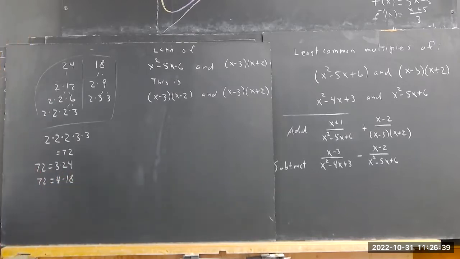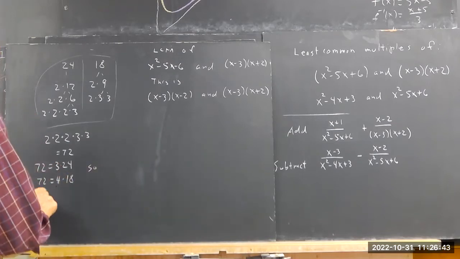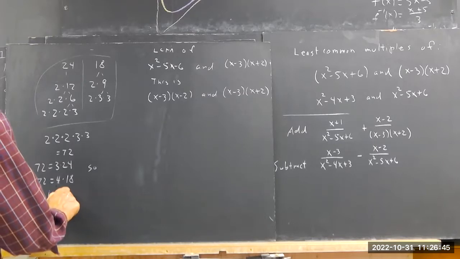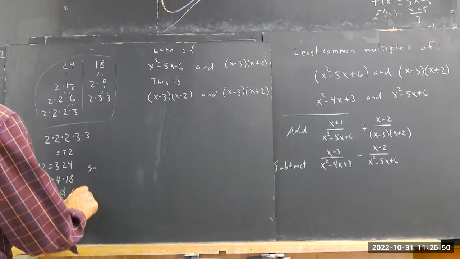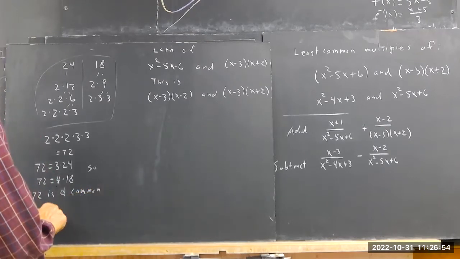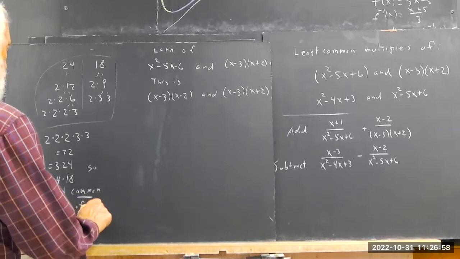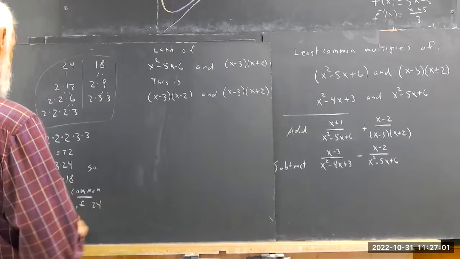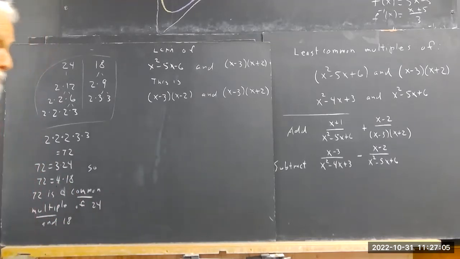It's also 4 times 18. We say 72 is a common multiple of 24 and 18.